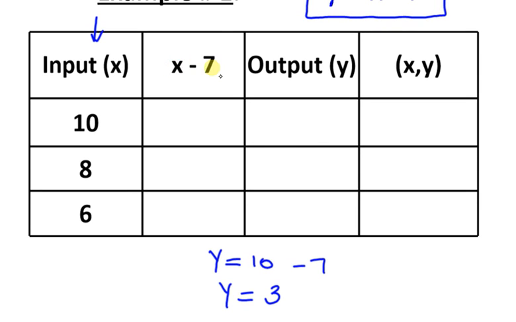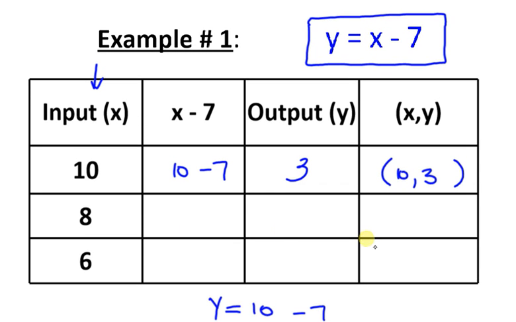So how do we put that into our function table? Right here it says x minus 7, so instead of x, we're going to put 10 minus 7. Once we subtract, we get 3. Then it wants to know what our ordered pair is, our x comma y for a coordinate plane. So x is 10, comma, y is 3. That's all there is to it.